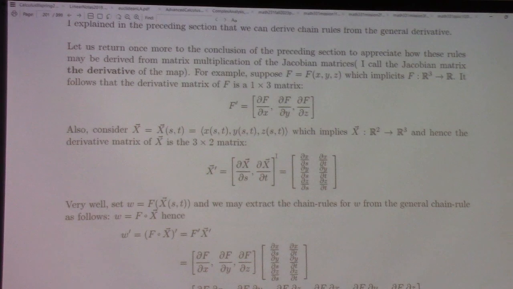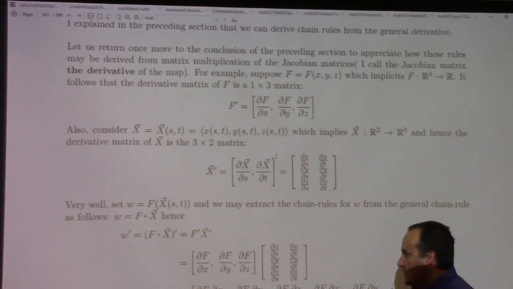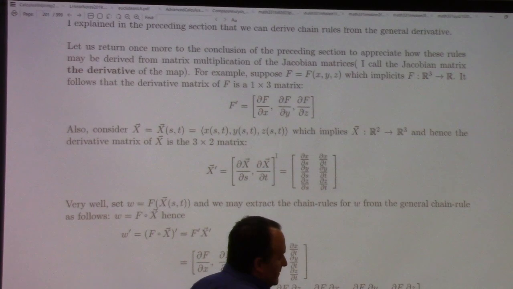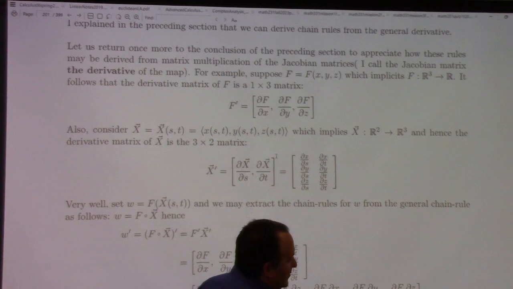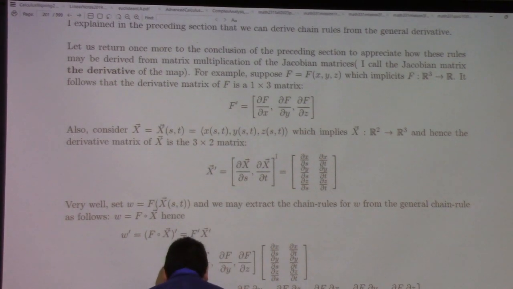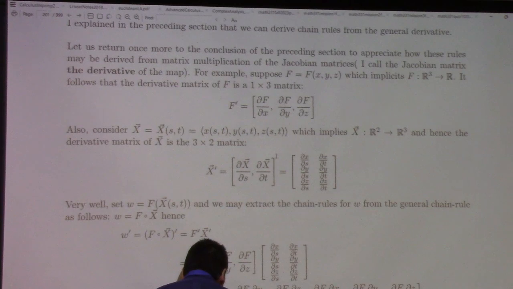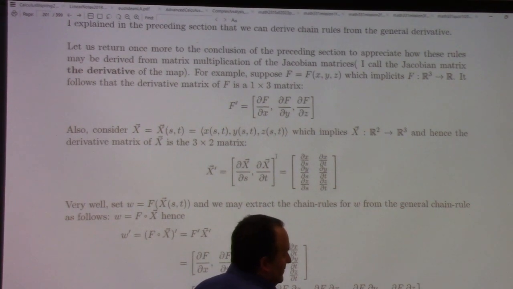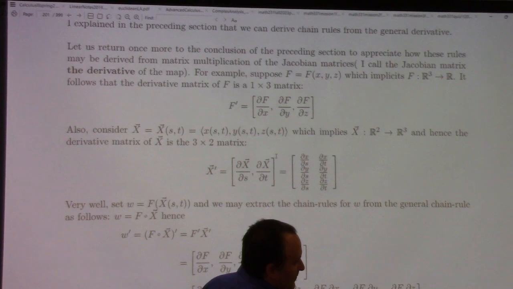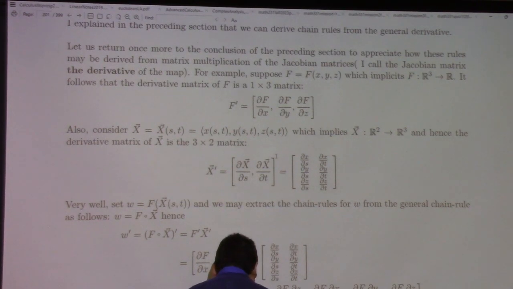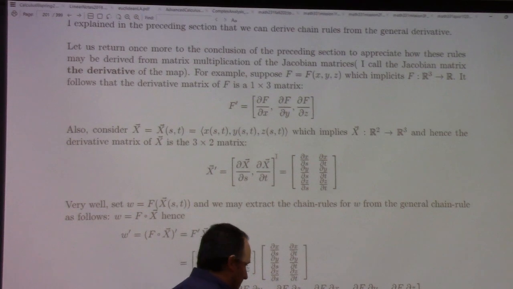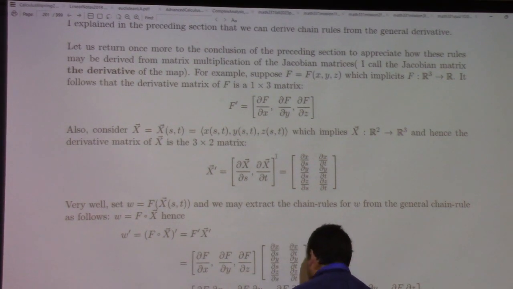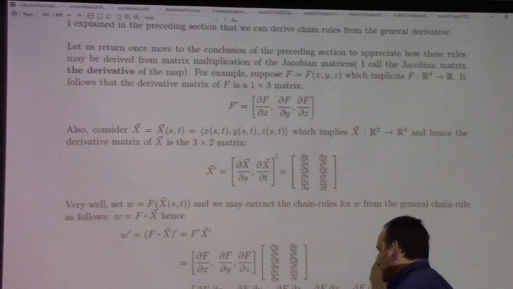Because for my example, the x, y, z would have been 1, 7, 8, and the other one would have been 13, 15, 17, and then 14, 16, 18. So this gives you, let's see here.